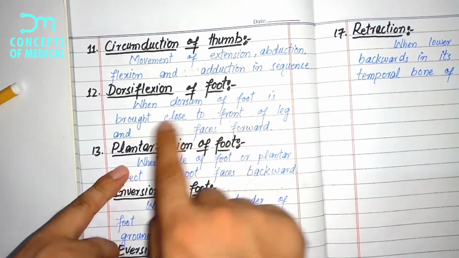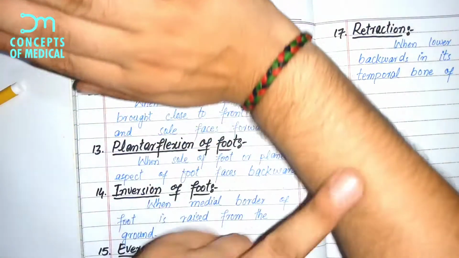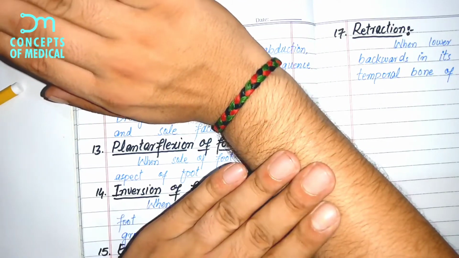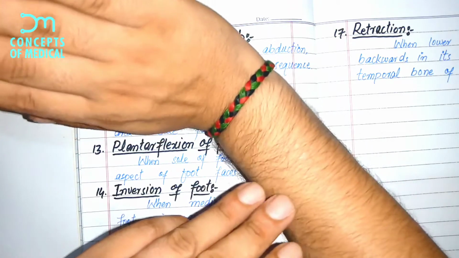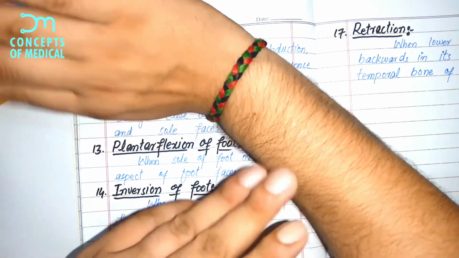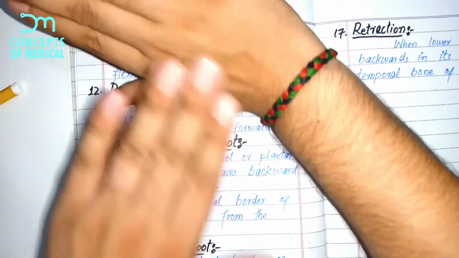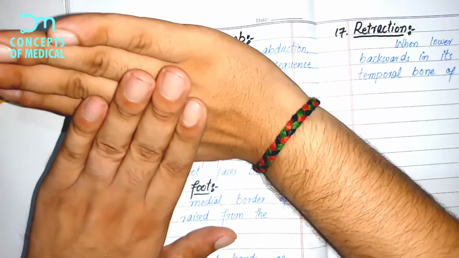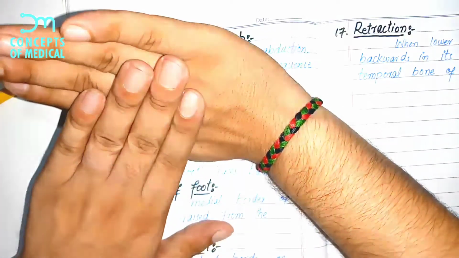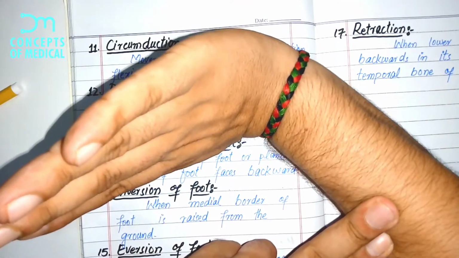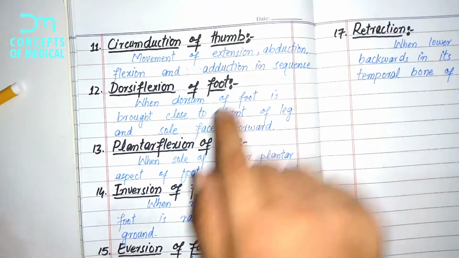Here we can see the dorsum of the foot is brought close to the front of the leg. I cannot show you my leg, but take my hand as the leg. This is the front of my leg, and this is the dorsum surface of my foot. Whenever I bring the dorsum surface close to the front of the leg, this is called dorsiflexion.